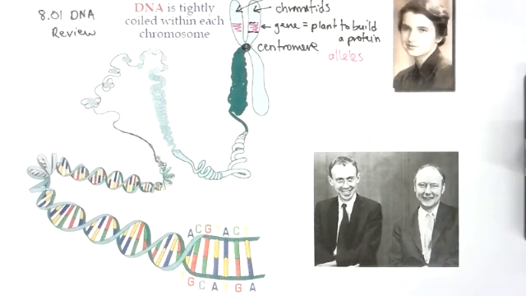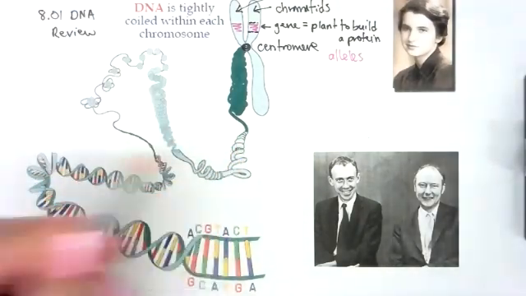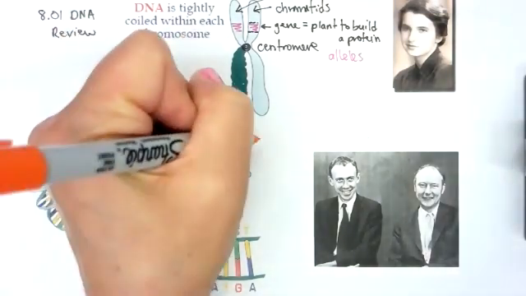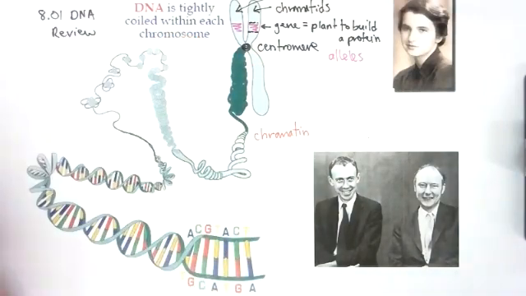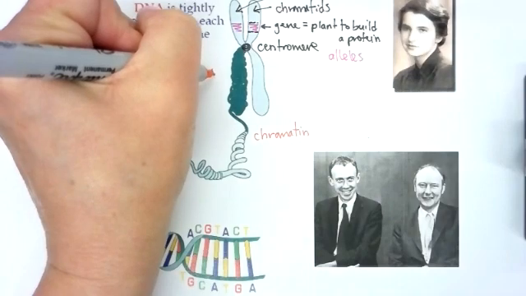Also, we know that chromosomes are loose DNA that's been wound up. What we see here is it coiling and curling. When it's loose, it's called chromatin, and when it's wound up, it's called a chromosome.